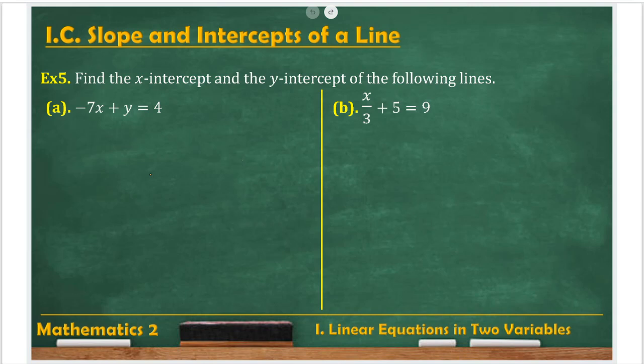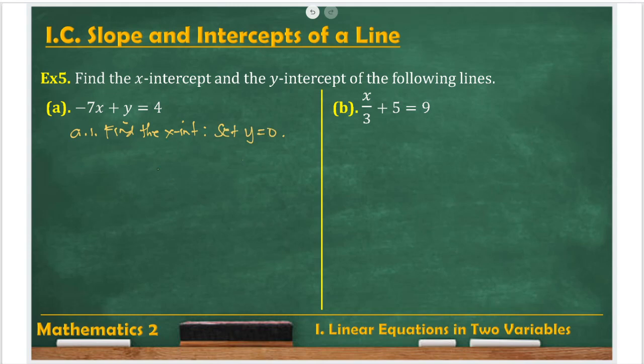So now, if we're going to solve for the intercept, let's have first our first equation. We have negative 7x plus y is equal to 4. Okay, so suppose we are to determine the x-intercept. So what's our first step here? Since the y-coordinate of a point on the x-axis is equal to 0, then to determine the x-intercept, we just need to set the value of y to 0.